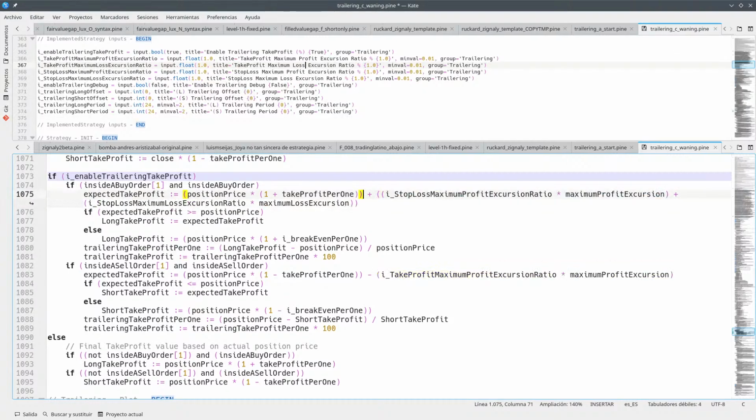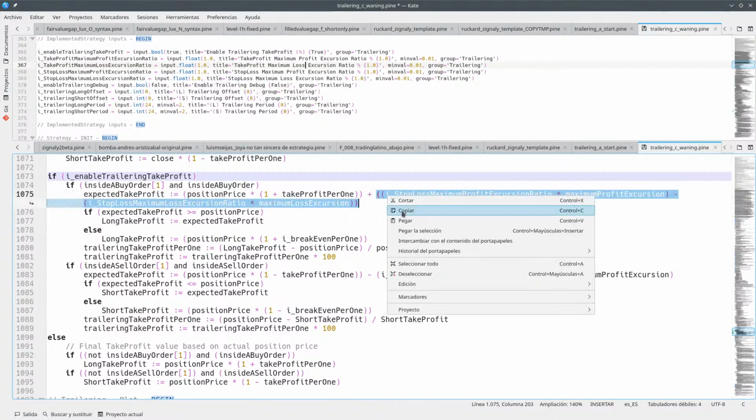Okay, however, we want this, so this is the profit and this is the loss, so we want this as a minus. Okay, and the same thing should happen down here.